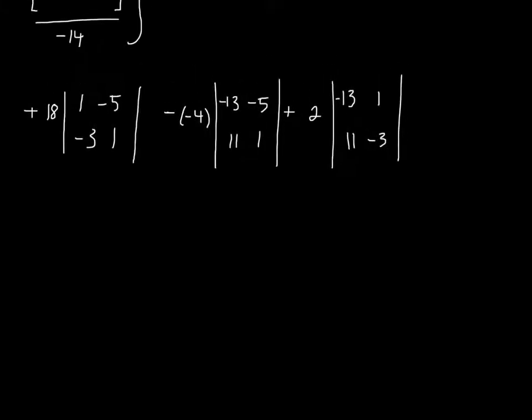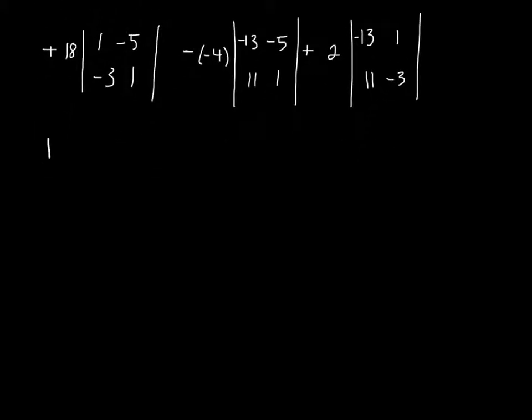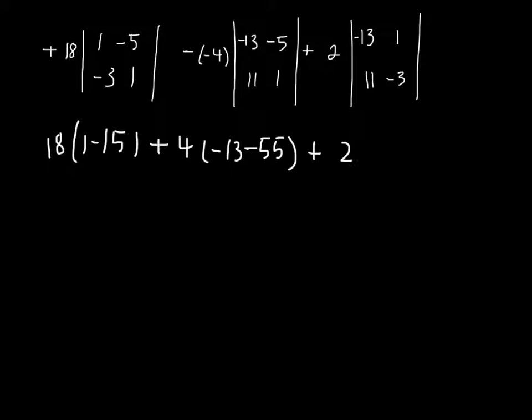Now we have 18 times 1 minus 15, plus 4 times -13 minus 55, plus 2 times 13 times 3, which is 39 minus 11.